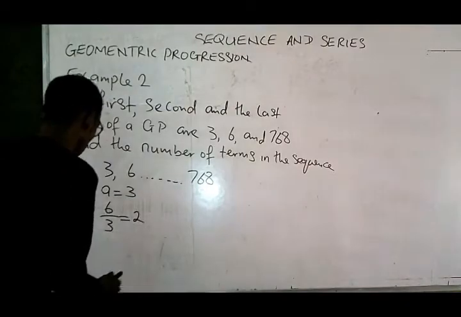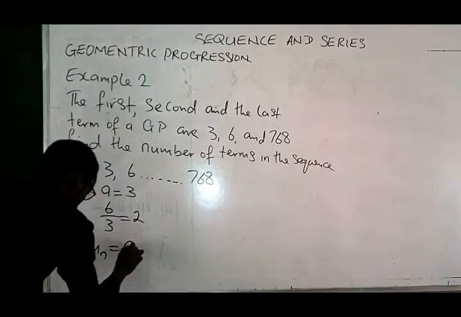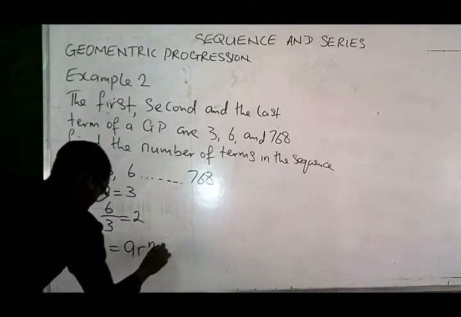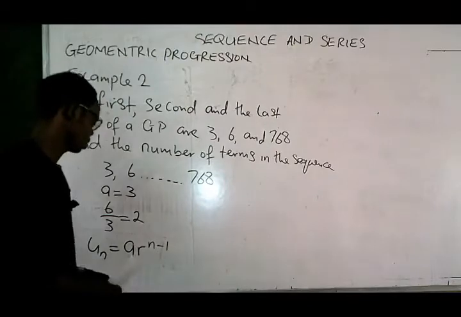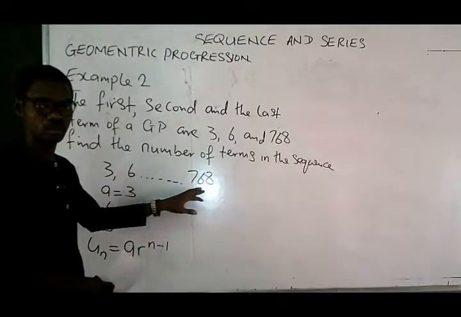Having known that the common ratio is 2, and this is the last term, I will say Un equals a r to the power n minus 1. This Un will stand for the last term.